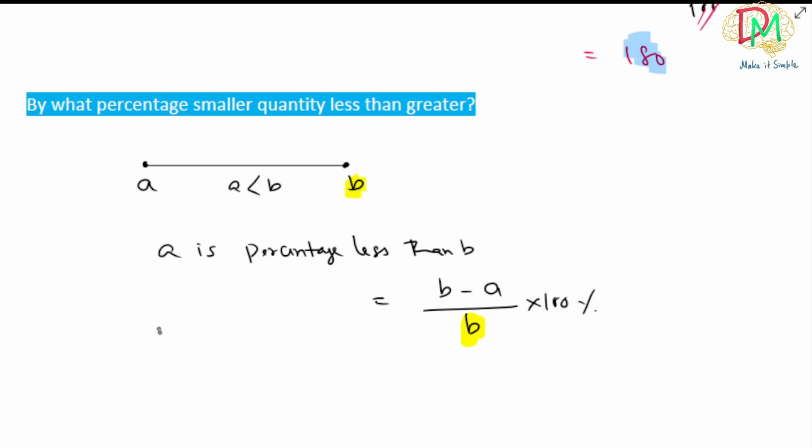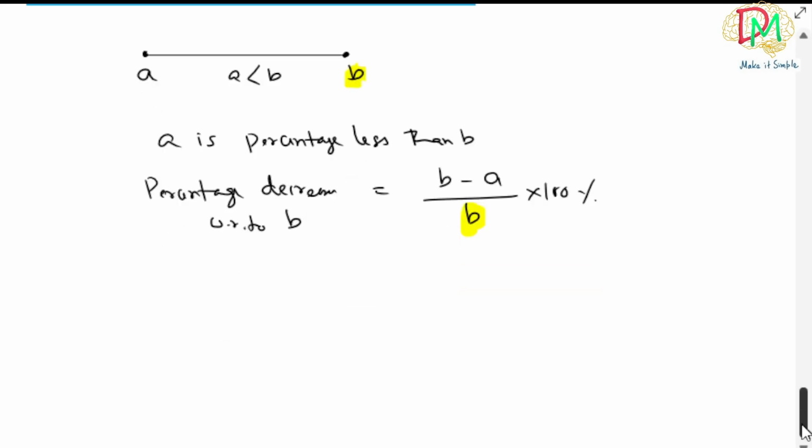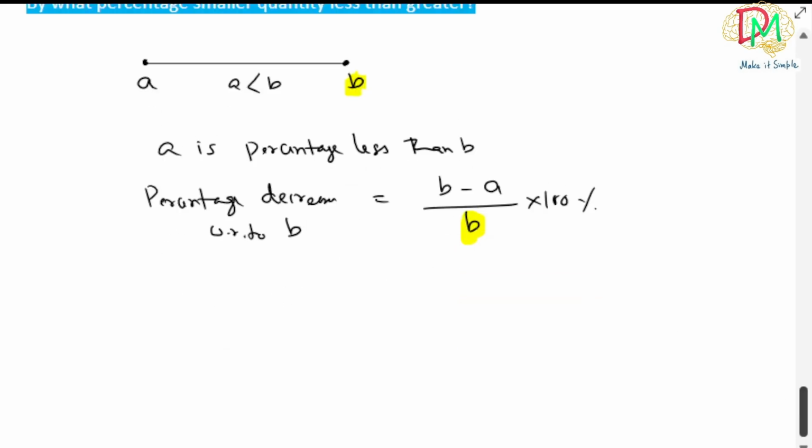Or you can say percentage decrease with respect to B, that is (B minus A) by B into 100%. Only one thing changes here, that is B.